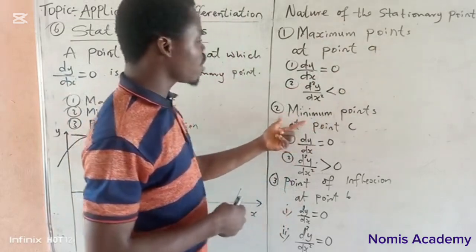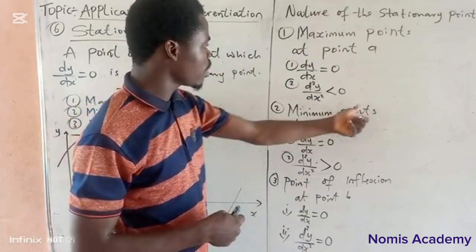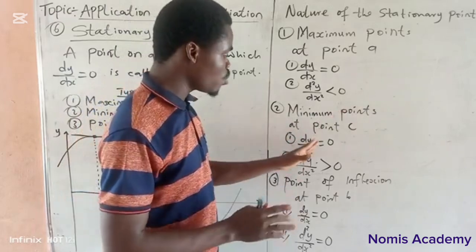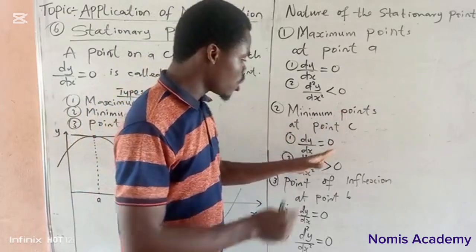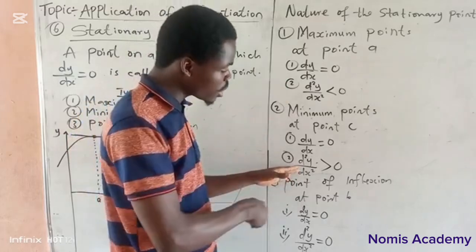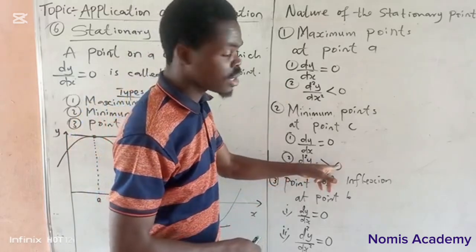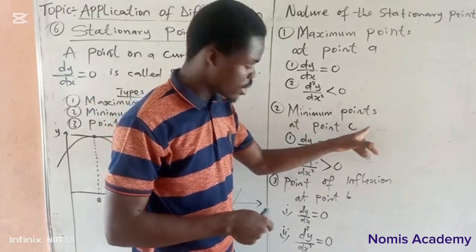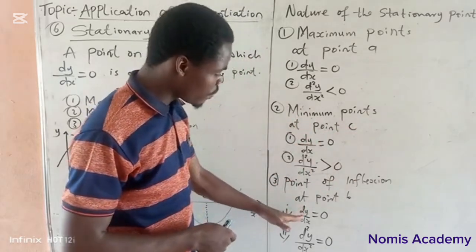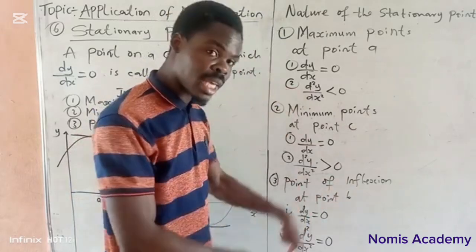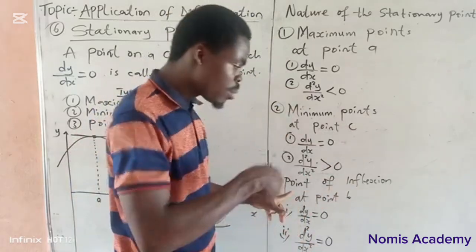For a minimum point, the first condition, as usual, is dy/dx equal to 0. When you differentiate the function again at that point and what you have is greater than 0, then that point is a minimum point. Then the last one: when you differentiate, you get 0, differentiate again and you still get 0, then the point is a point of inflection.